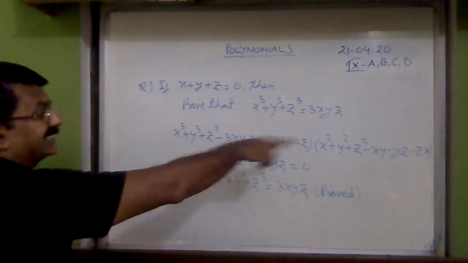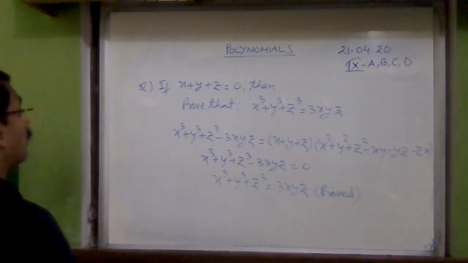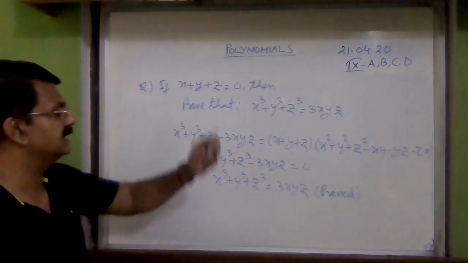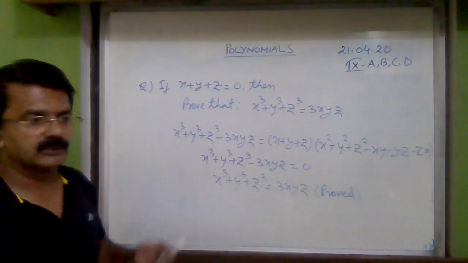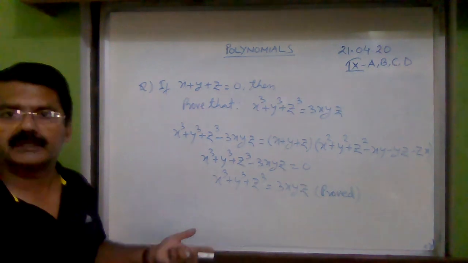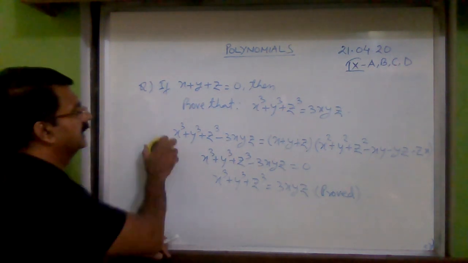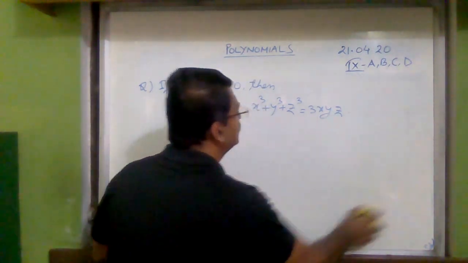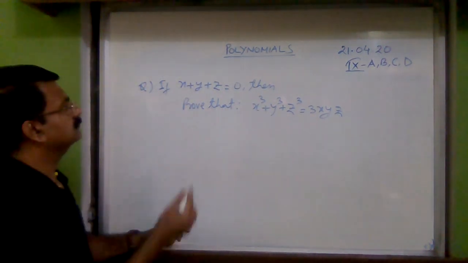Without using this last identity, if you have to prove this, then how will you do it? So there is one more method for that, and the method is like this.